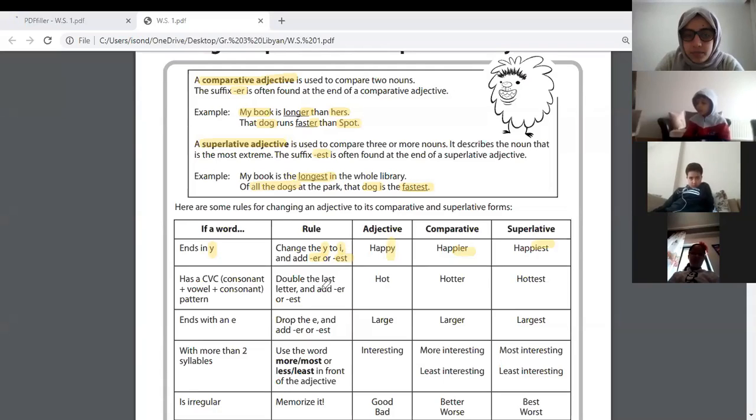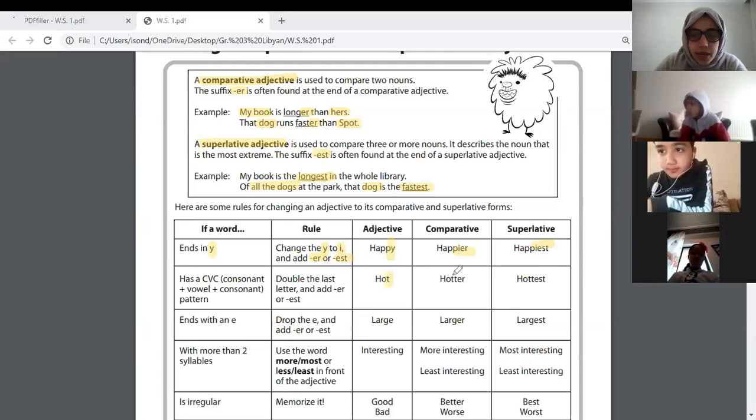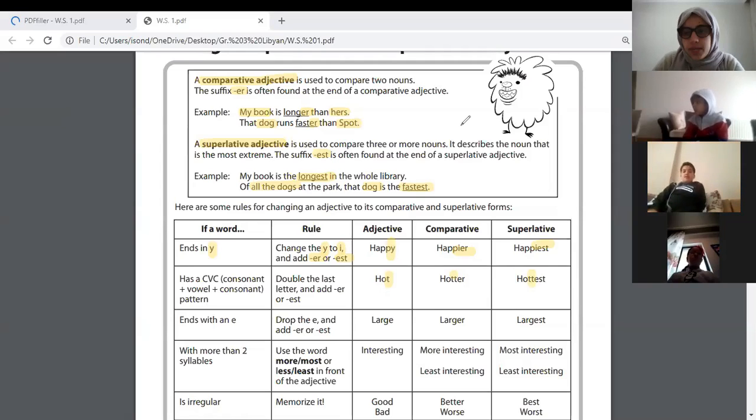When we have, for example, words like hot or bigger, we have to add TT and double T too. Do you guys remember in the quiz when we had big, bigger, and biggest? So we also have to add, let me change the color so you guys can see it.